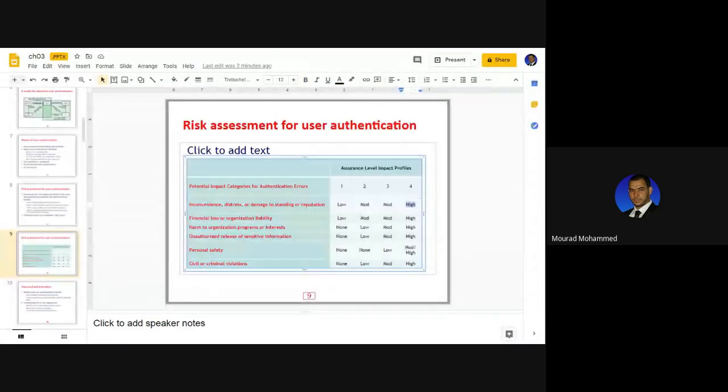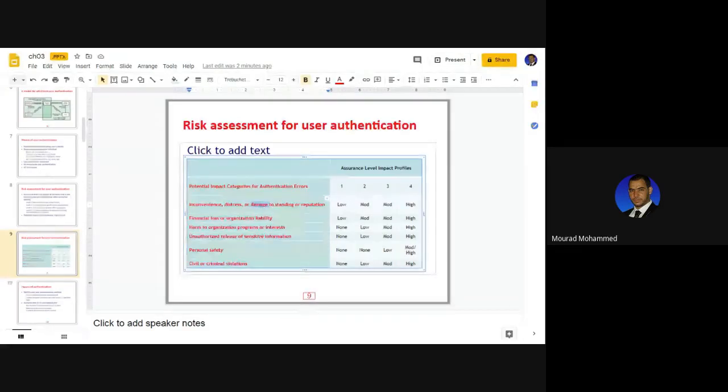It validates the profile, the very high trust. It validates the high, and it validates a little bit of assurance.